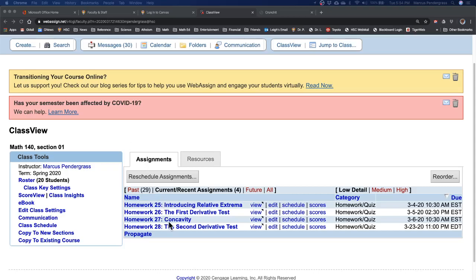There, I did give an assignment that I was going to make due the Monday we got back, but now obviously I've extended that. So there is an assignment that's due Monday, the 23rd of March, which is our first day back. It's homework 28 on the second derivative test, and it also has to do with concavity and things like that.